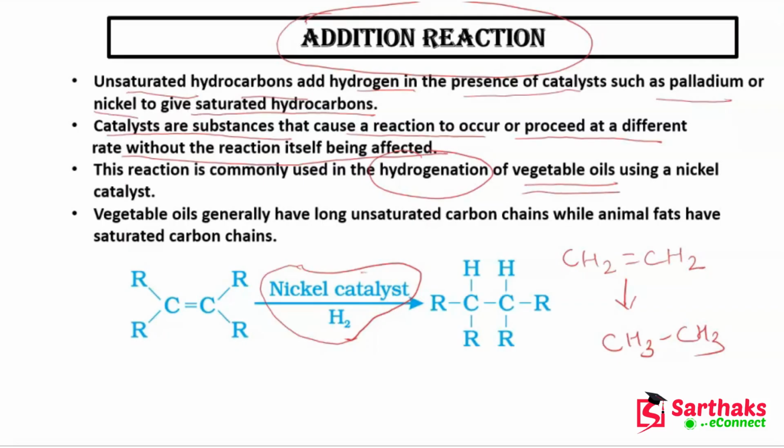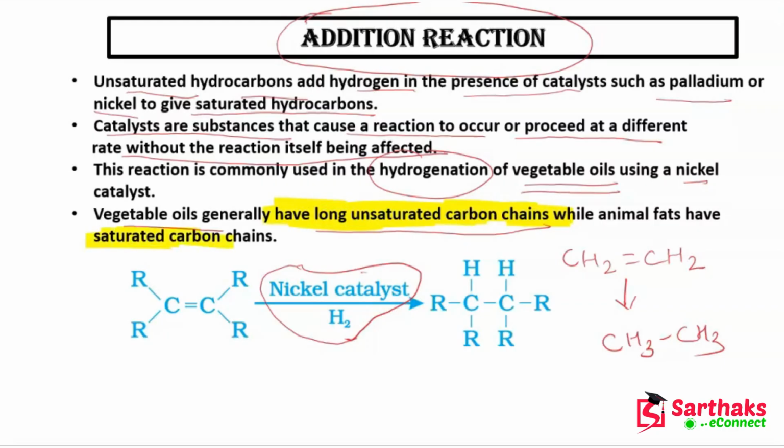Vegetable oils are unsaturated, and when you add hydrogen to them, they become saturated, and this happens in the presence of a nickel catalyst. Vegetable oils generally have long unsaturated carbon chains, as it is written here. While animal fats have saturated carbon chains.